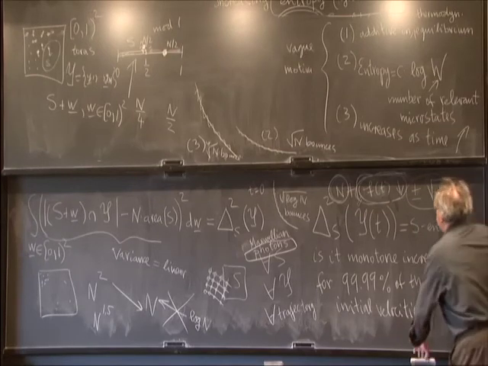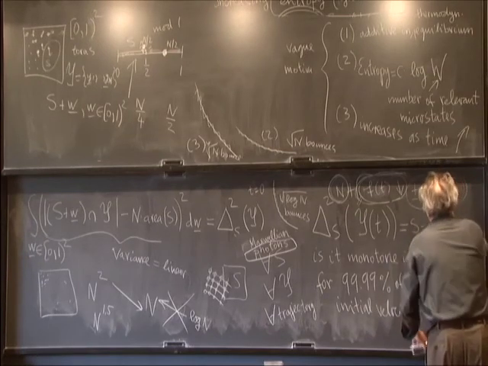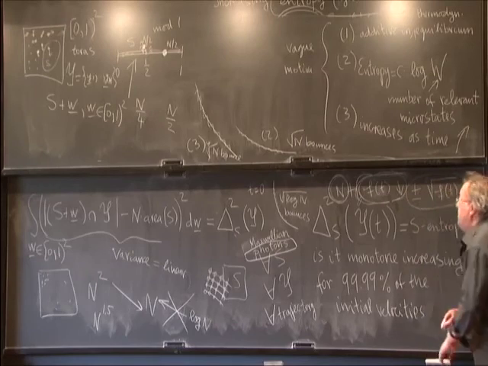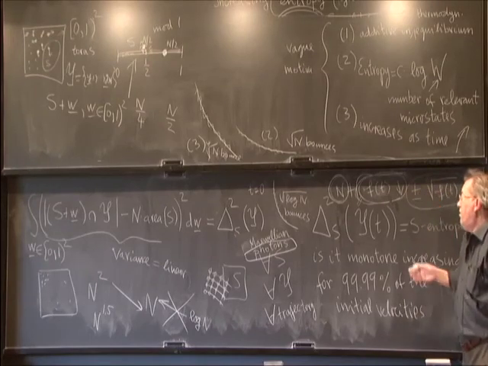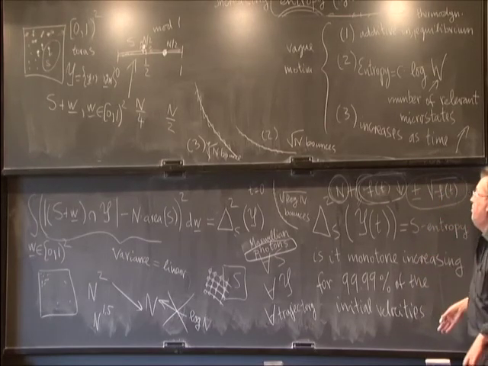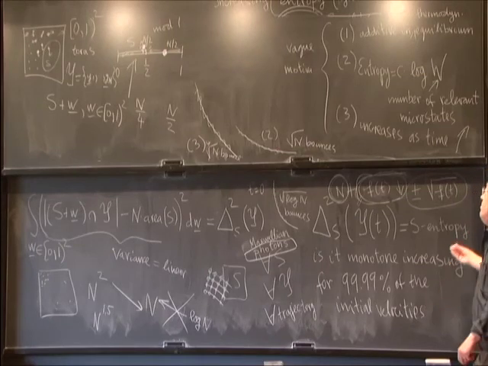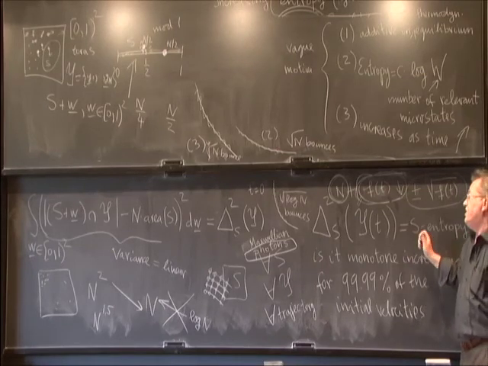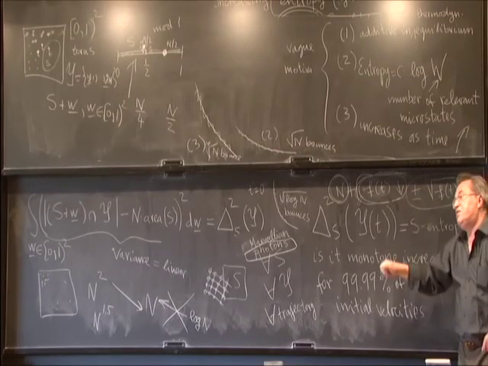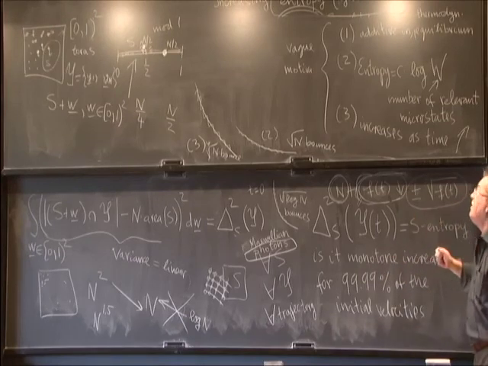Now, actually, it is even more. So this is what I call the S entropy. It's negative to satisfy physicists.